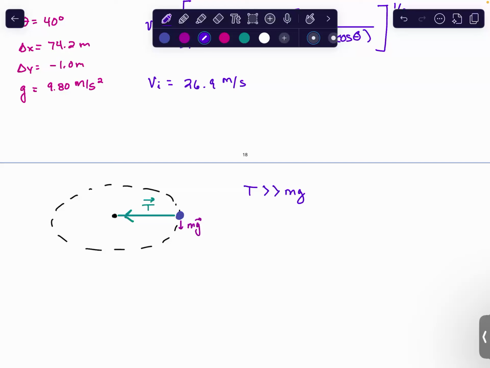Because again, if you've ever swung anything, you see how it stays up. So that radial acceleration is so much greater than the gravitational force, we can neglect the gravitational force. Because if you were swinging something around in a circle, it's not going to fall. So that gravitational force becomes negligible.